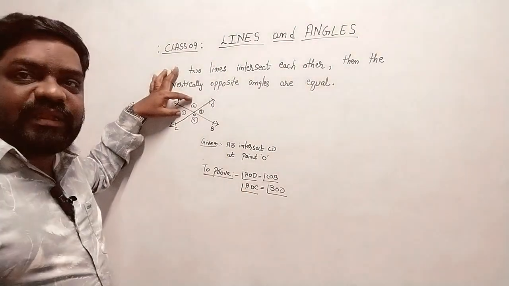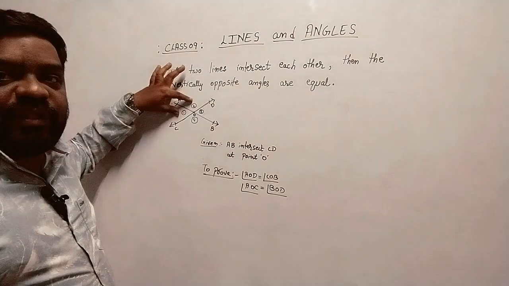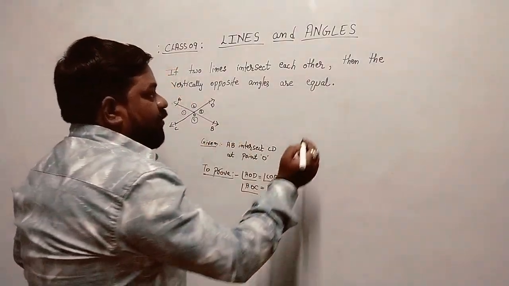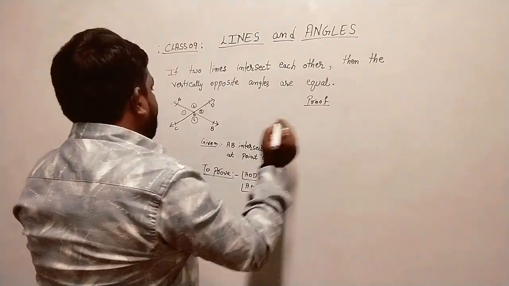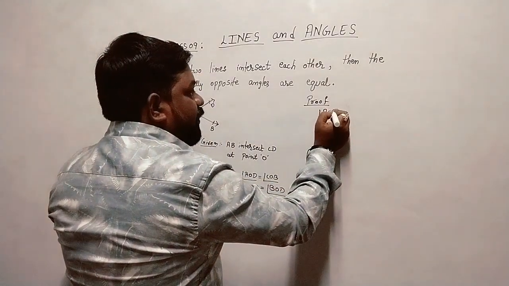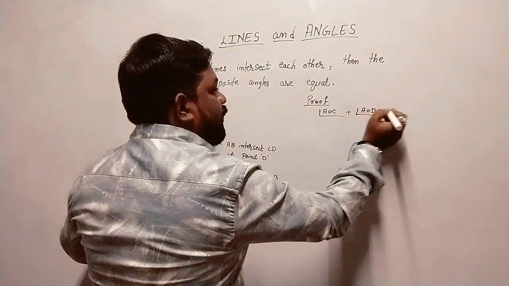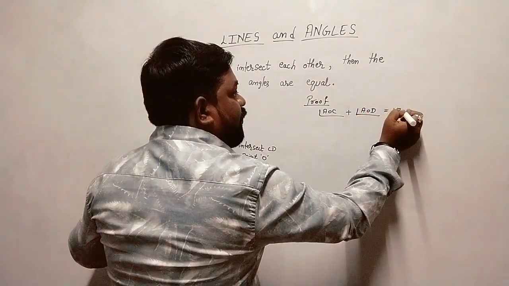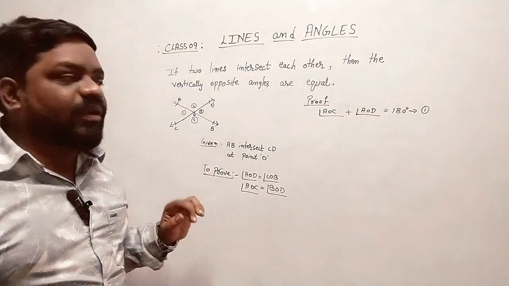These two are a linear pair of angles. So we should get 180 degrees. So now we have to write that. We'll start the proof. That is, first angle AOC plus angle AOD equals 180 degrees. Consider it as equation number 1.